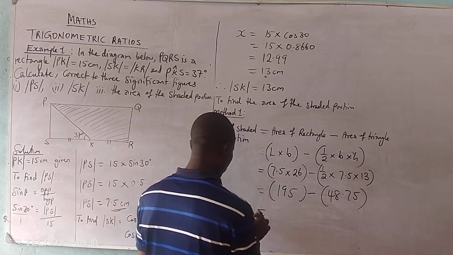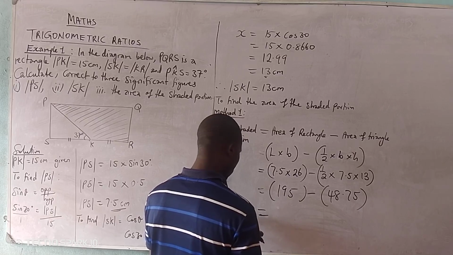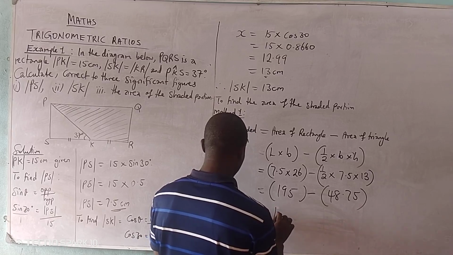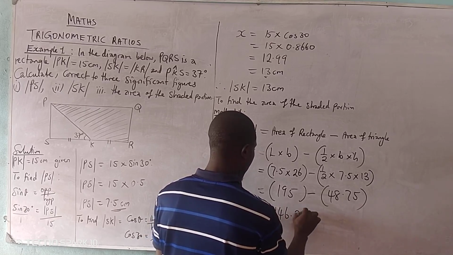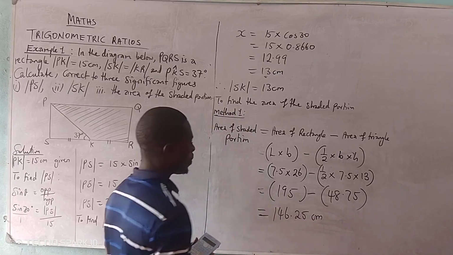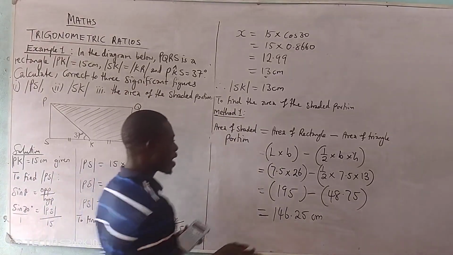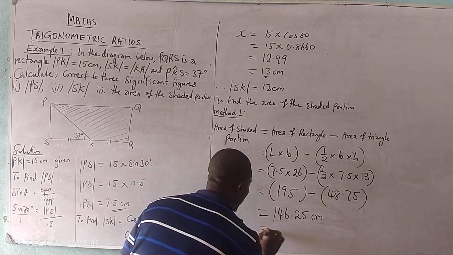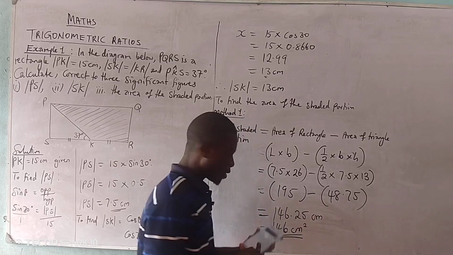So 195 minus 48.75 will give us 146.25 centimeters squared. Now, remember, the question says we should correct to three significant figures. We have five significant figures, so it is 146 centimeters squared, which is the area of the shaded portion to 3 significant figures.